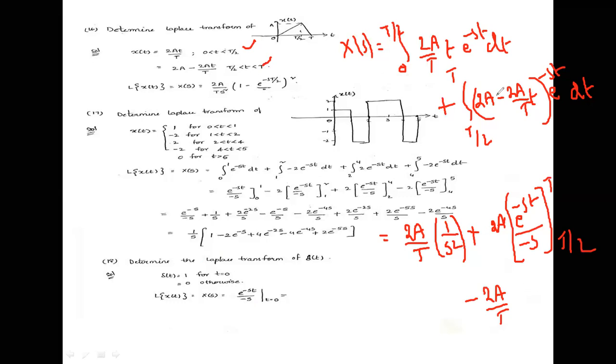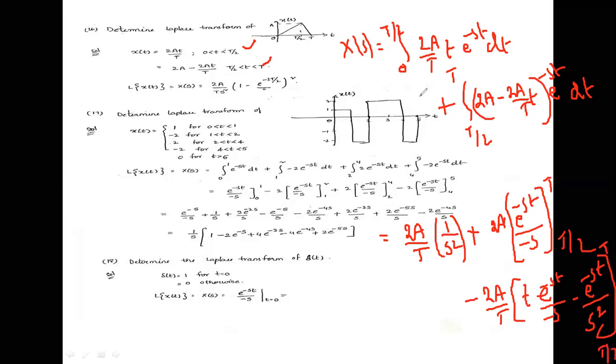You cannot directly write it as 1 by s square, because t by 2 and t are the limitations. So apply integration by parts here for t into e power minus st dt: t into e power minus st by minus s, minus e power minus st by s square, with the limitations of t and t by 2.